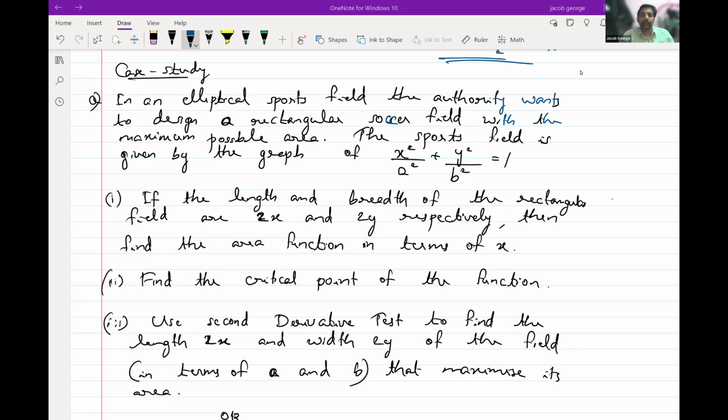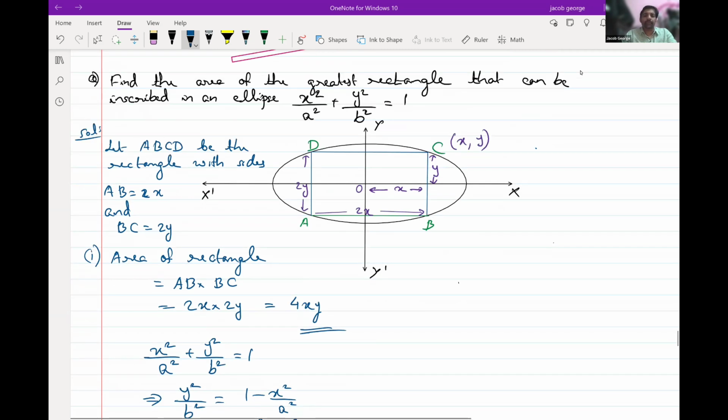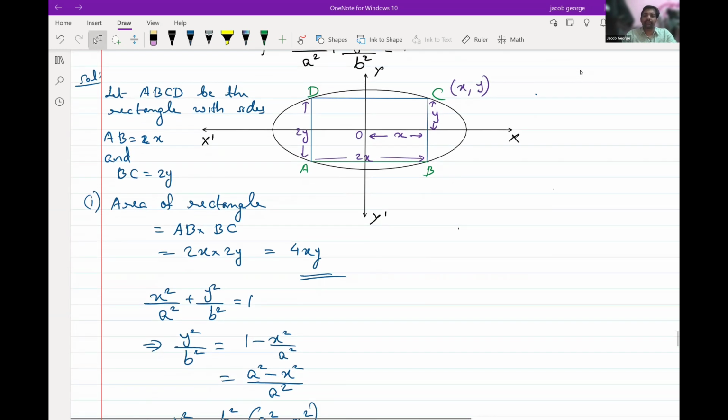First of all, we can draw a rough diagram. A rectangle is inscribed in the ellipse, so please draw an ellipse. x square by a square plus y square by b square is equal to 1 is the first type of ellipse, with the major axis on the x-axis.